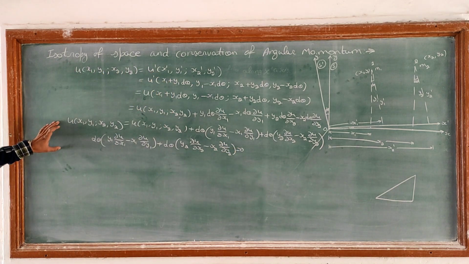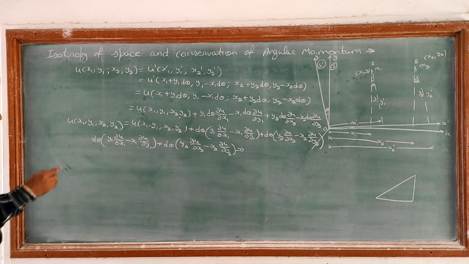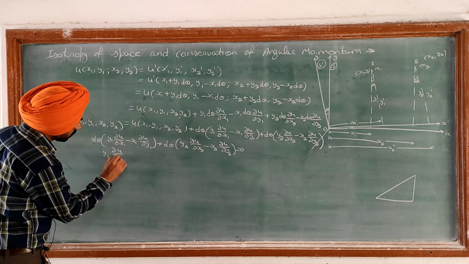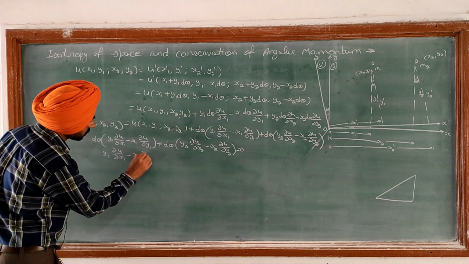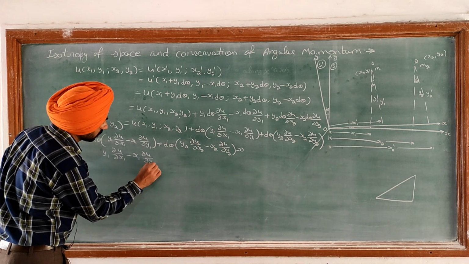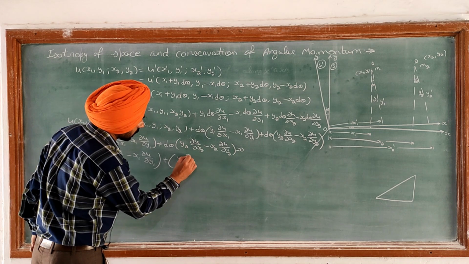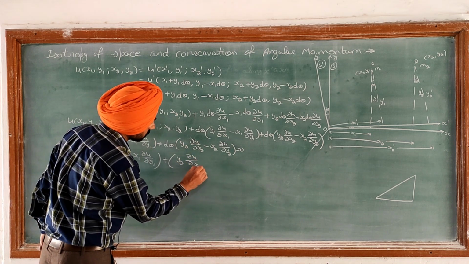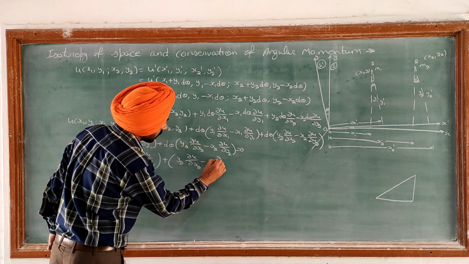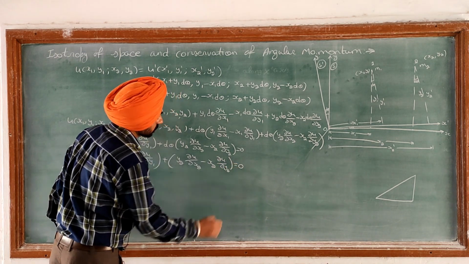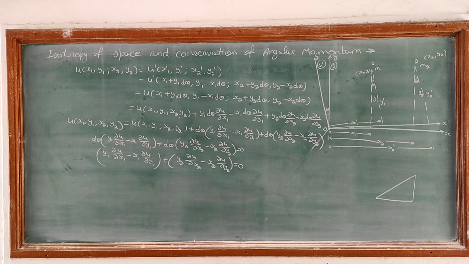This can further be rearranged as y1 curl U upon curl x1 minus x1 curl U upon curl y1 plus y2 curl U upon curl x2 minus x2 curl U upon curl y2 is equal to 0.